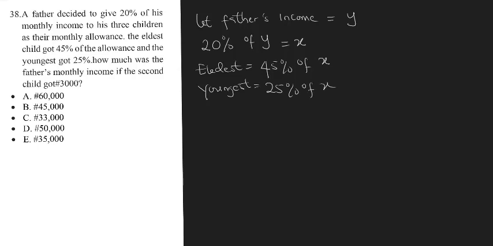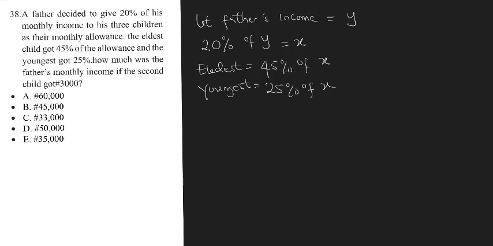Now how can we get the middle, or the second child? Of course, it's very, very easy. We subtract the total of the eldest and the youngest from 100%.